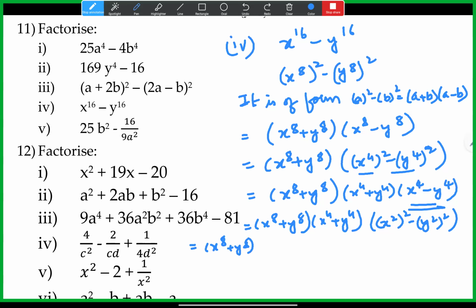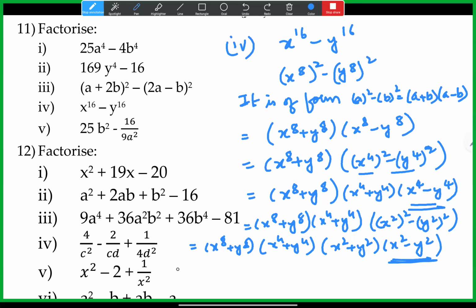X power 8 plus y power 8 into x power 4 plus y power 4 into this one. A is x square, b is y square, so you will get x square plus y square into x square minus y square. Any doubt, Maisha? No, sir. Now the final step, this can be still further factorized, which is direct formula x plus y into x minus y.